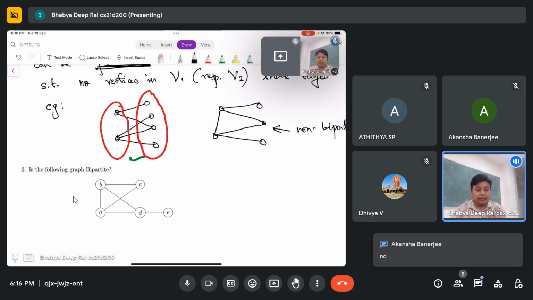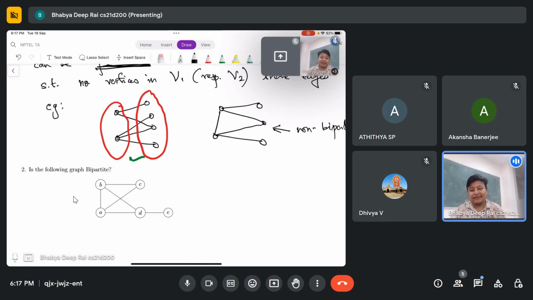Akanksha says no. To give you a hint, there is a certain fact about bipartite graphs which you can use. A bipartite graph does not have a certain structure.